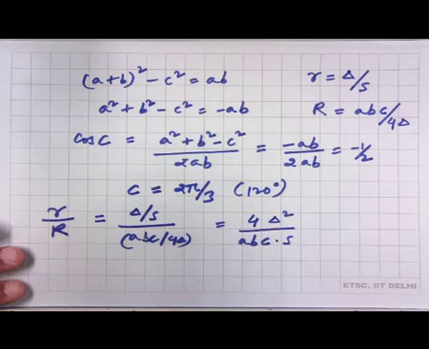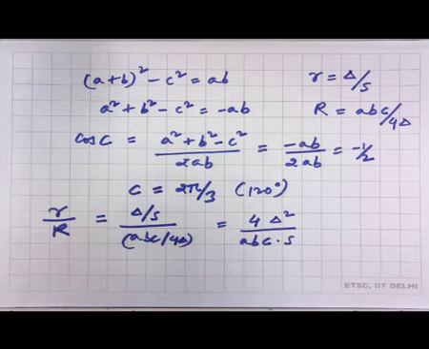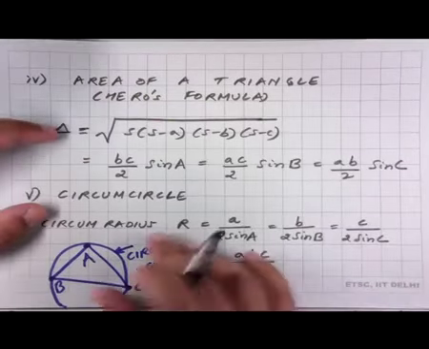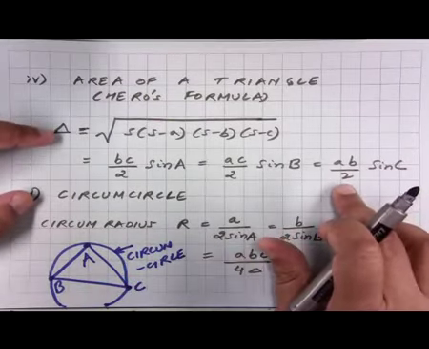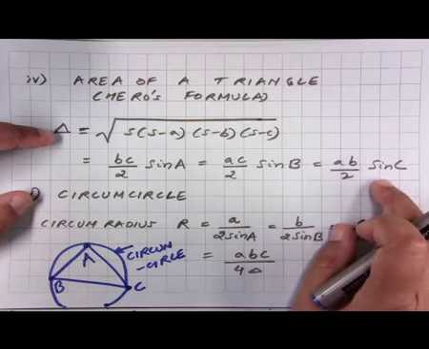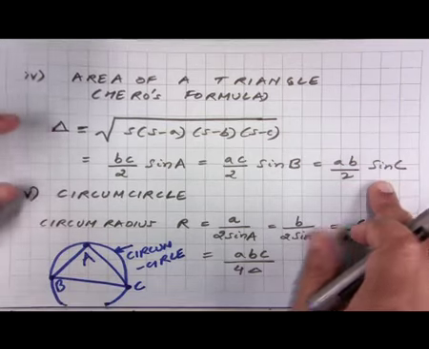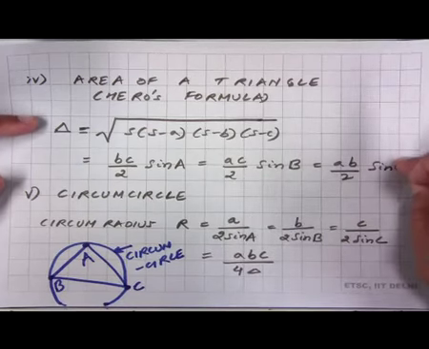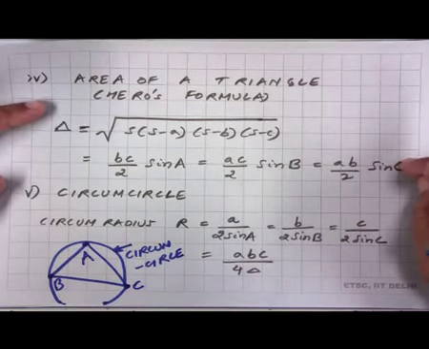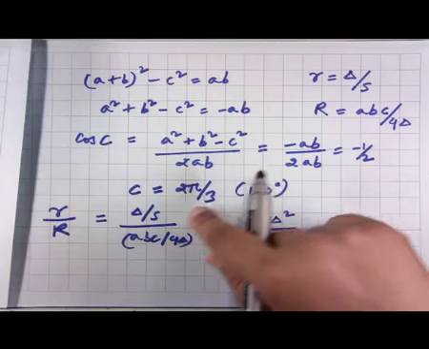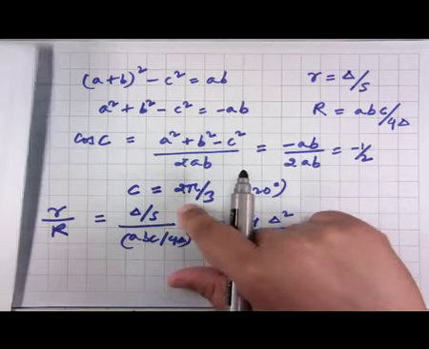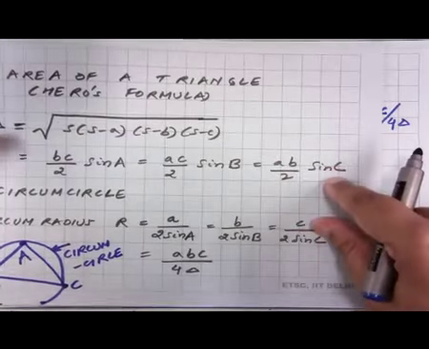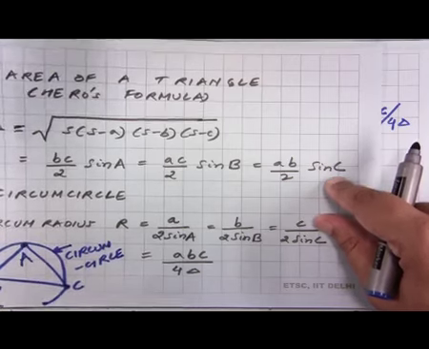If we recollect, one of the formulas for the area of a triangle was that the area is also equal to AB upon 2 into sine of C. And this is exactly the formula we should use, because we have already found the value of C, and therefore sine of C is a known quantity for us.